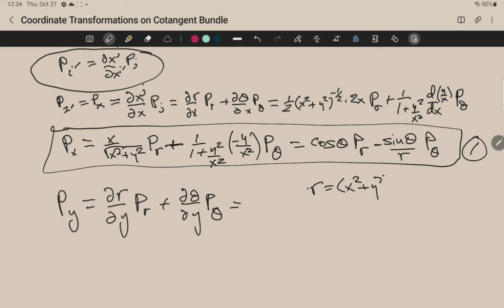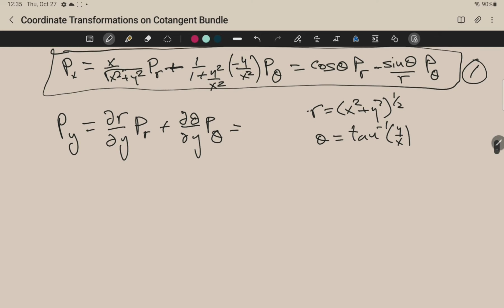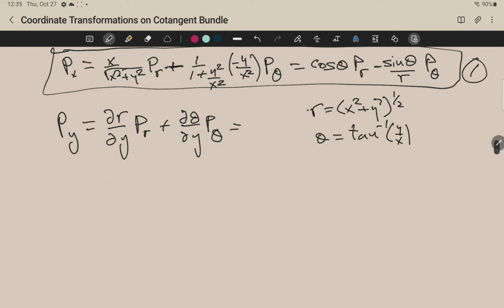Again, let me just write down r so I don't forget. r is equal to this, and theta is equal to arctan of y over x. So this here would just give me y over r, which is sine theta, times pr.